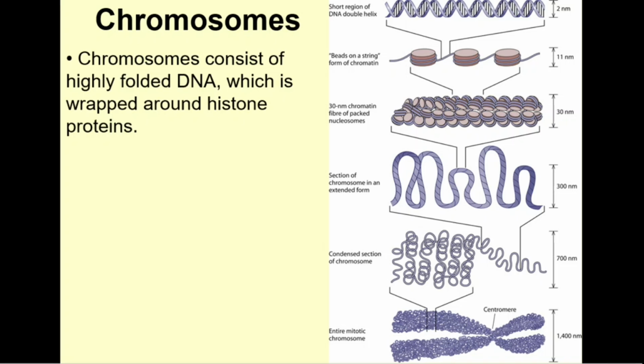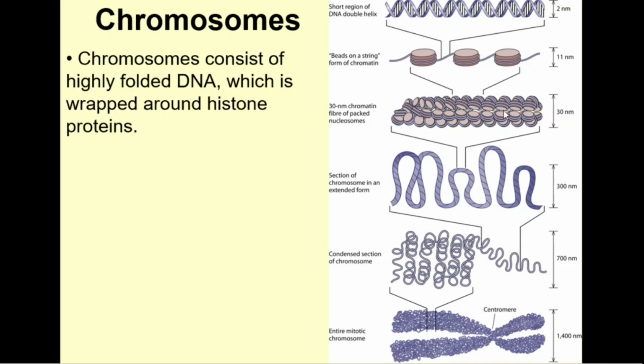Chromatin is the state that DNA is in when our cells are going through interphase. But as we start moving towards mitosis, our chromatin will start to condense, and it will form a much more dense structure that will make division a lot easier.